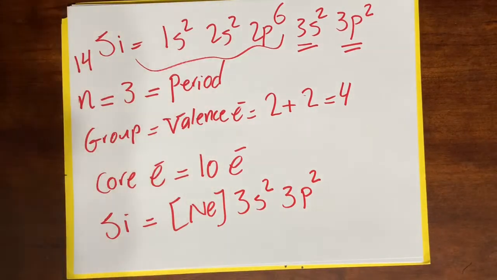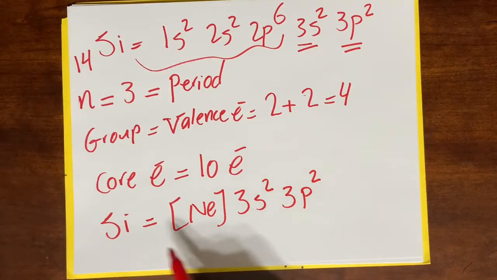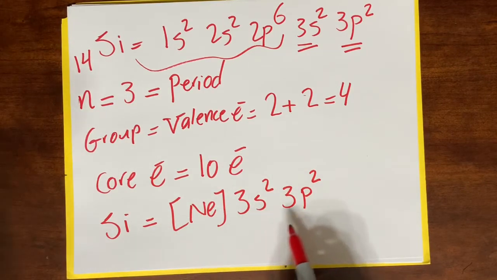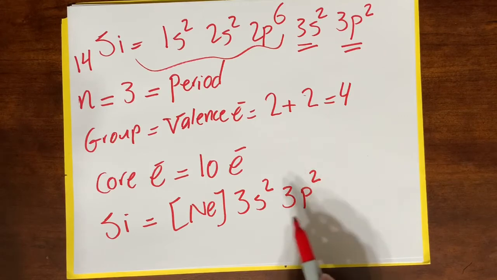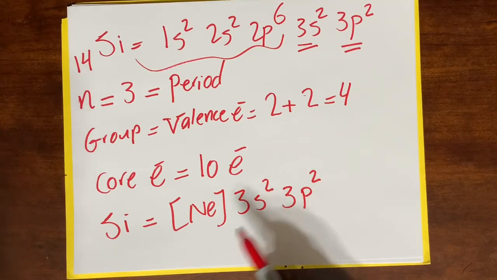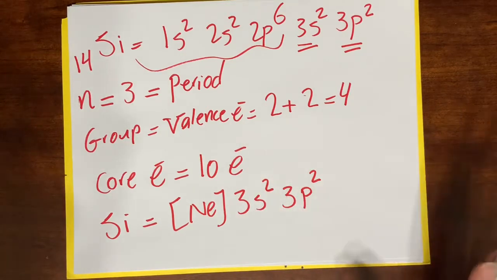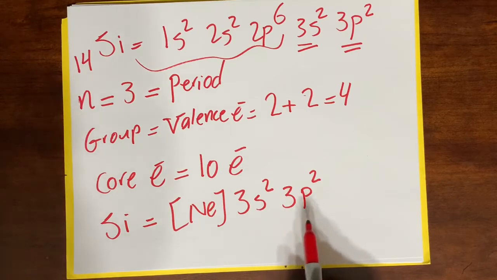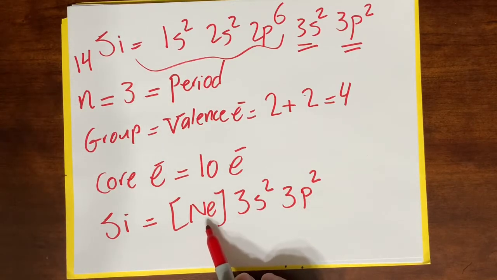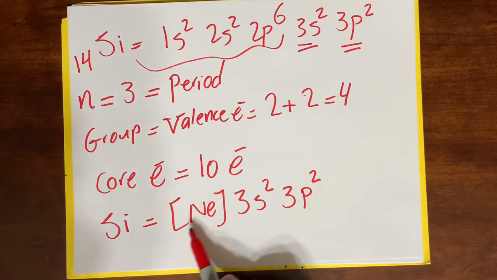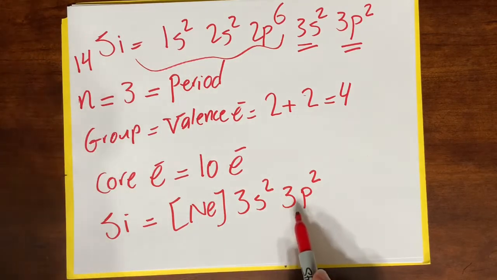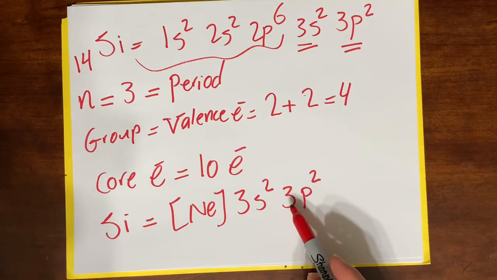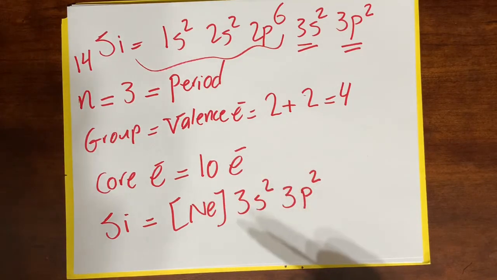One thing you need to keep in mind: when we write the electron configuration in short version, we keep the valence electrons, or the orbitals carrying valence electrons, out. You do not add the last layer to the noble gas.